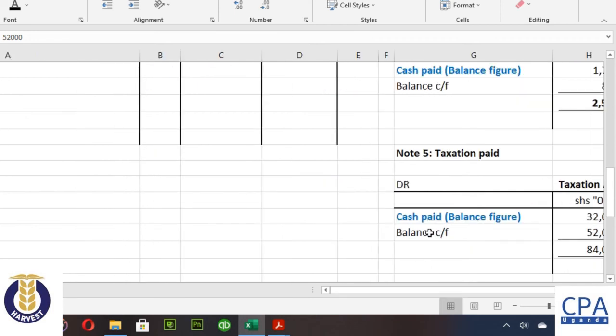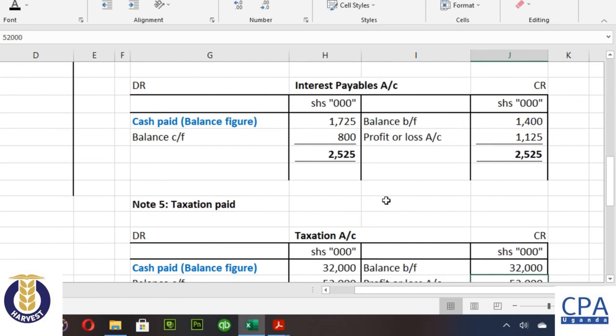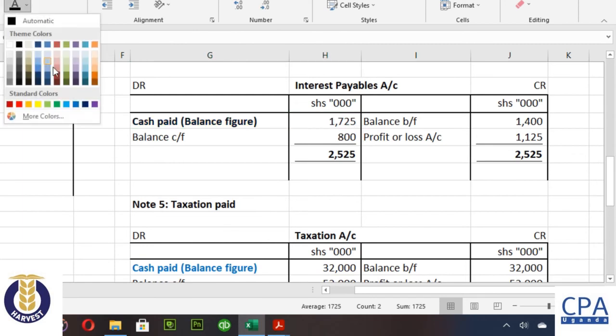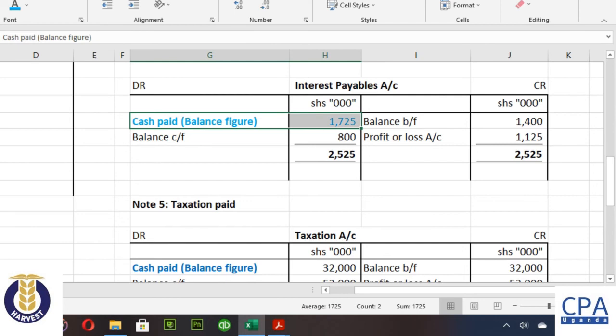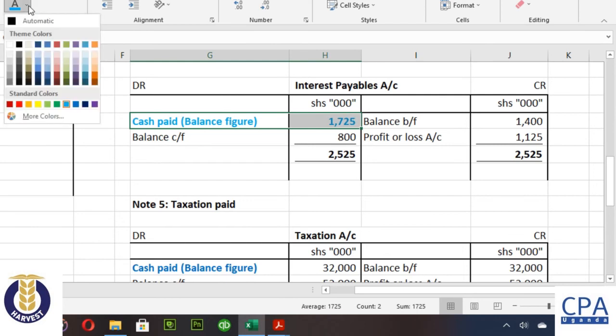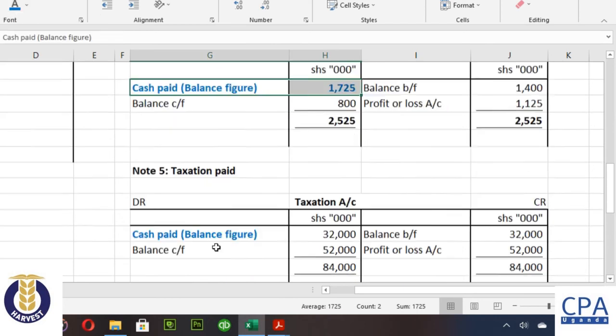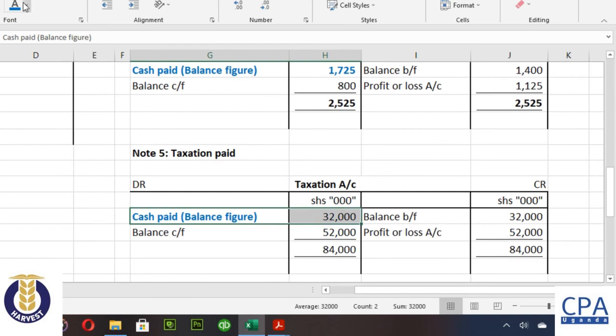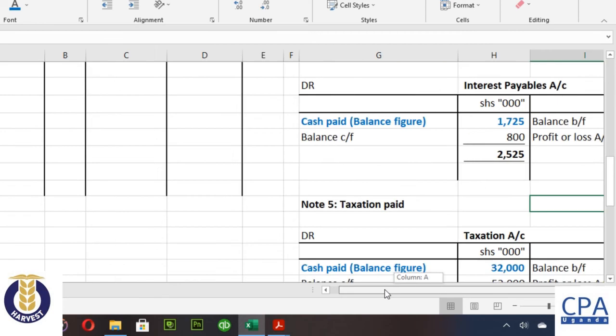Now, the two balancing figures, for interest payable and of course the taxation that we have paid, are going to be taken to our cash flow statement. These two figures that I put in blue are the ones I'm going to take to the cash flow statement.